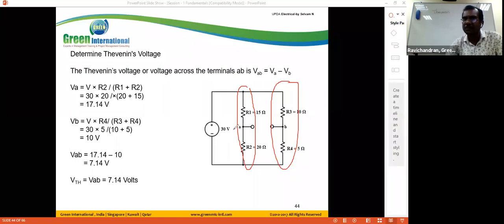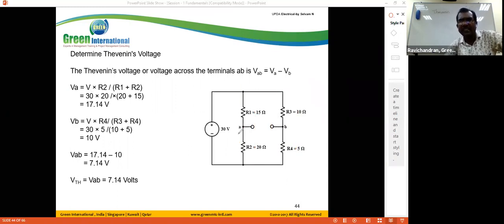Okay. So now our objective is to find VA. VA is the voltage across the 20 ohm resistor. Suppose we take this reference.